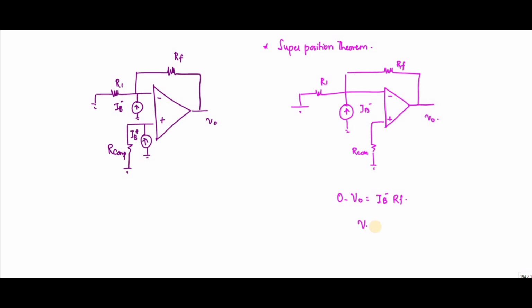This is same as previous one. So V0 is equal to minus IB minus RF. Since there is no current flowing through this one, this point is 0, so this is also 0.